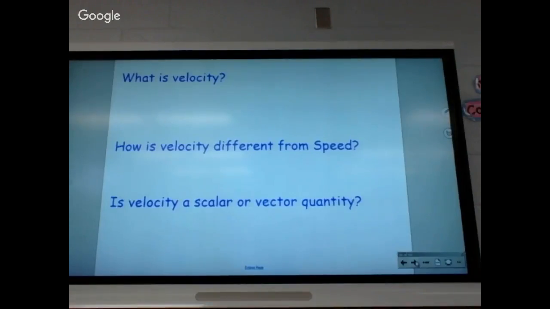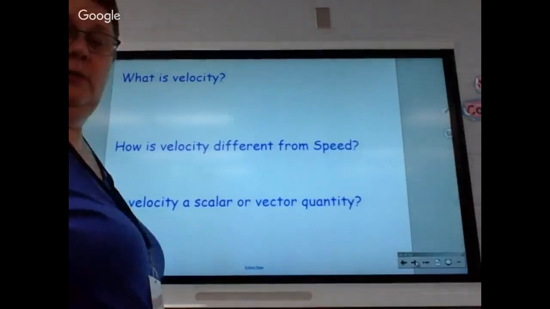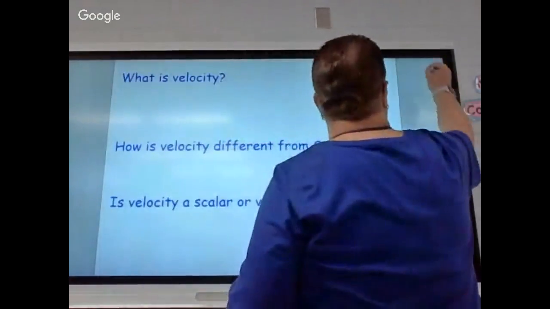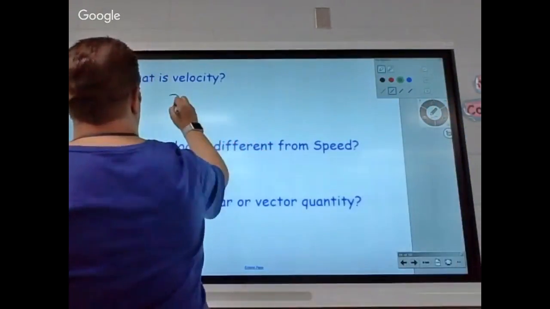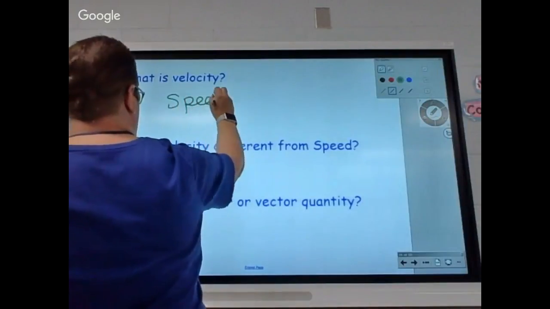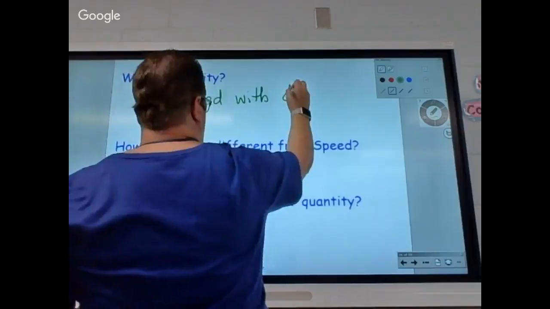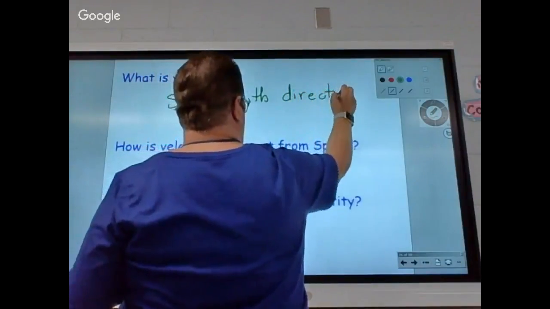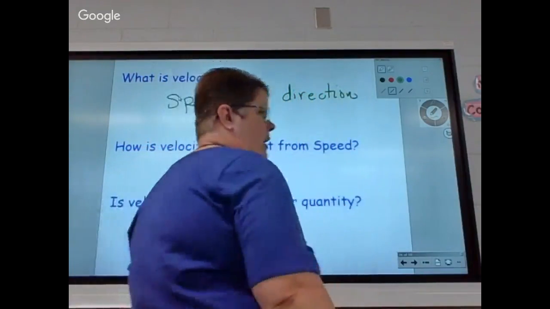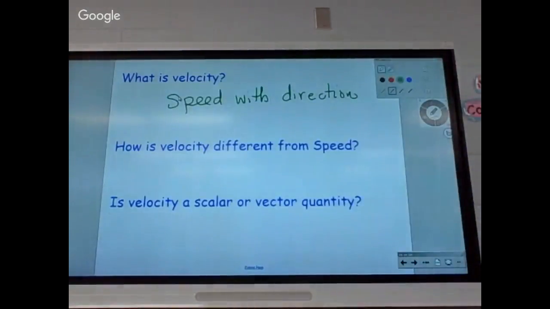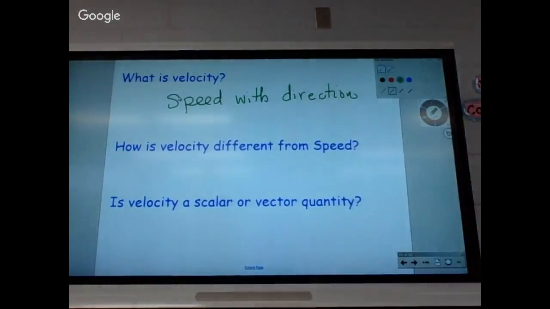All right. Velocity is defined as speed with direction. Okay? It's speed with direction. That's how it's defined. Okay?